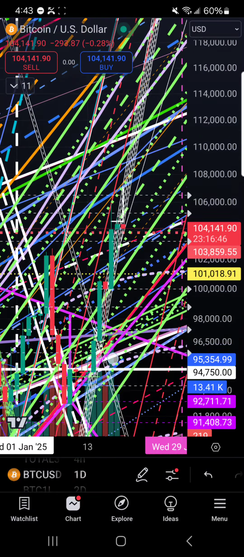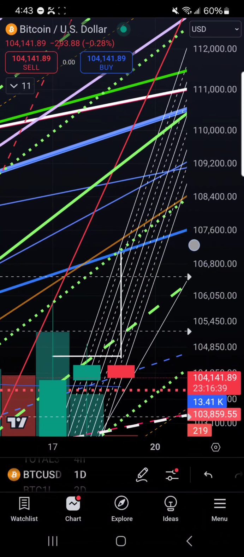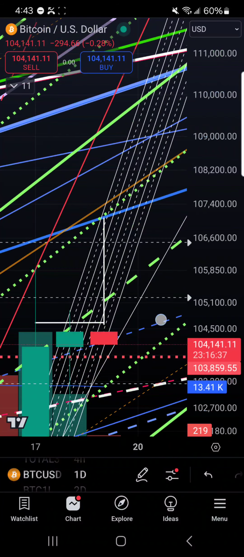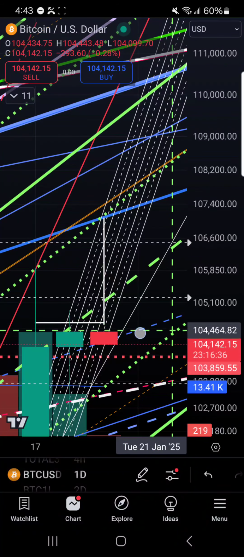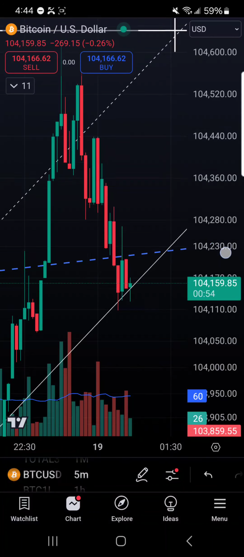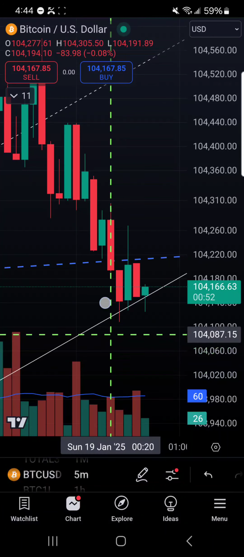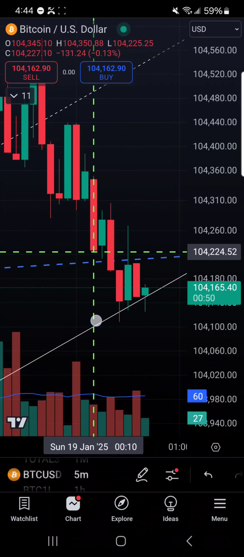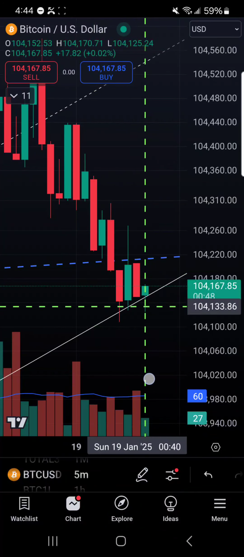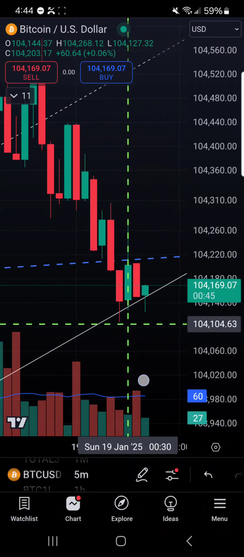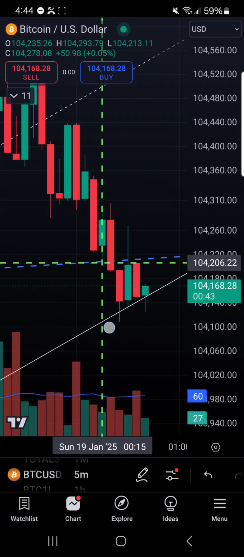But now we are back trying to get above it here. And this is where we currently are. And this is the center line right here that I was talking about. Here we are. This is the wick I was talking about right here, how we came right down on this 5-minute candle. We're looking at the 5-minute now in the current history of Bitcoin.